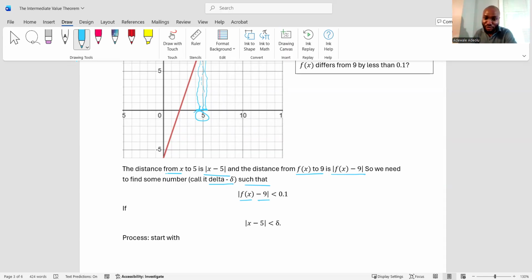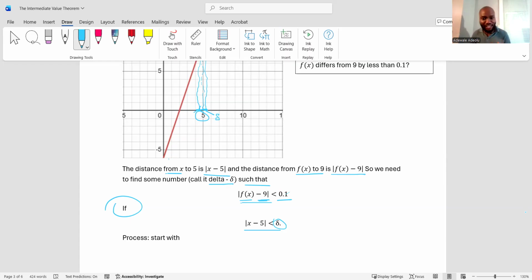As we get closer and closer to that 9, we want the distance to be less than 0.1 because we want a very fine answer.